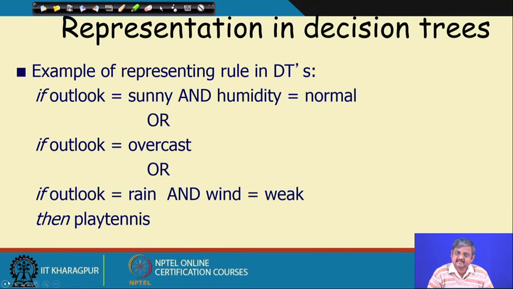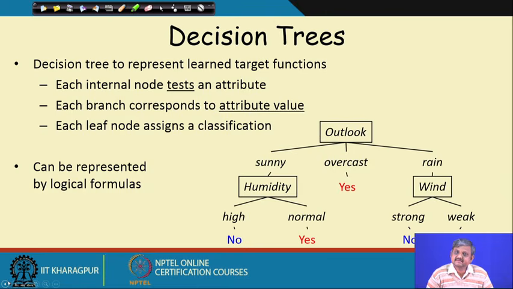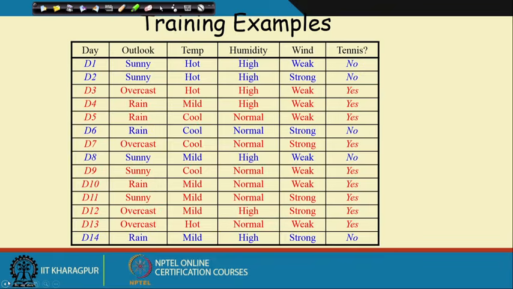I have some and, I have some or. And what are each of these ifs? Each of the branches of the tree corresponds to an if.